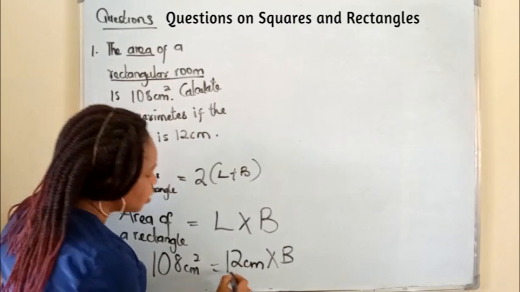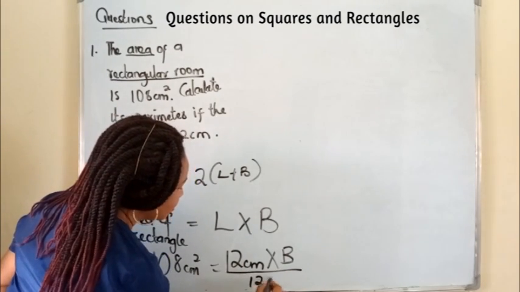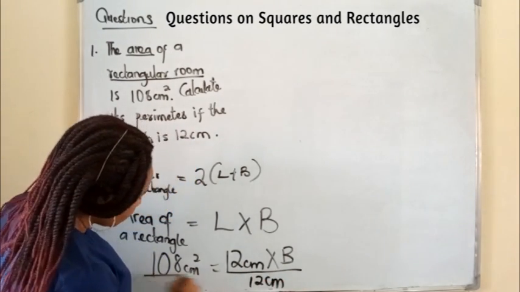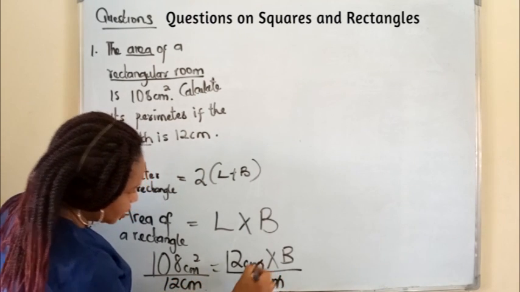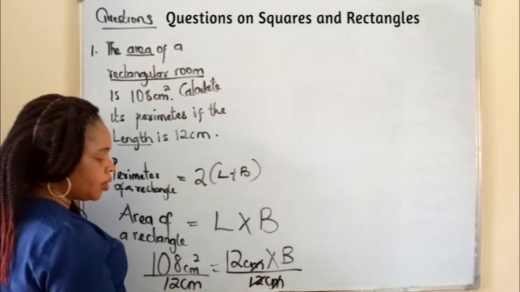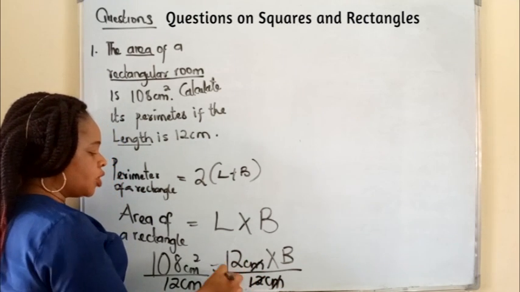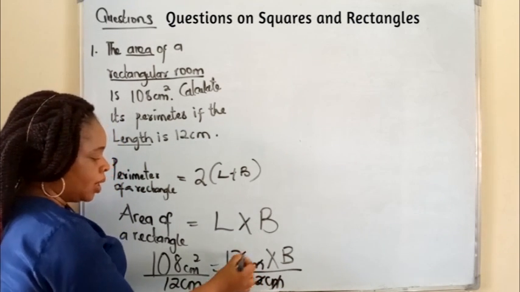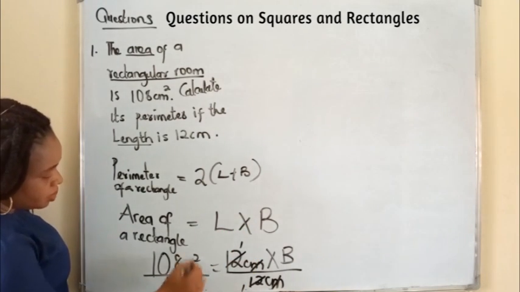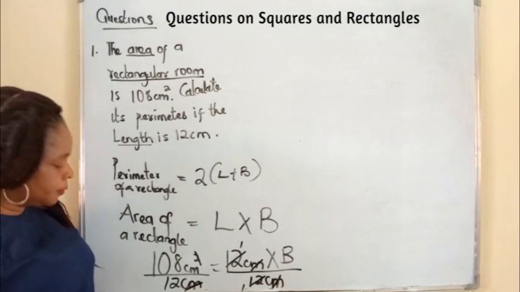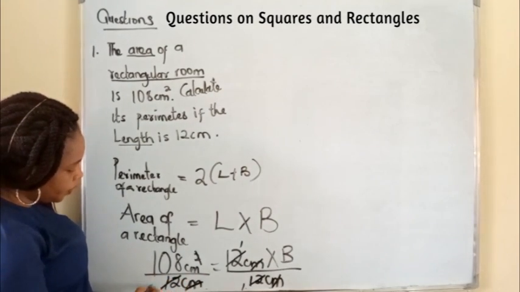So we use the coefficient, which is 12 centimeter. Centimeter cancels centimeter. 12 in how many places will give us 12? So 12 divided by itself is 1. Centimeter cancels the square centimeter. And 12 divided by itself is 1.